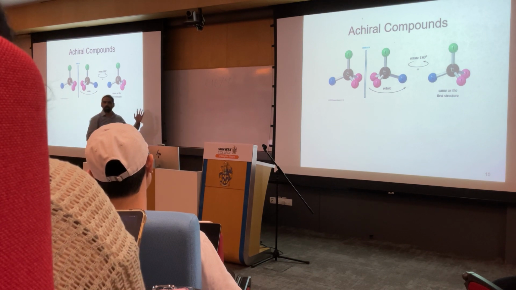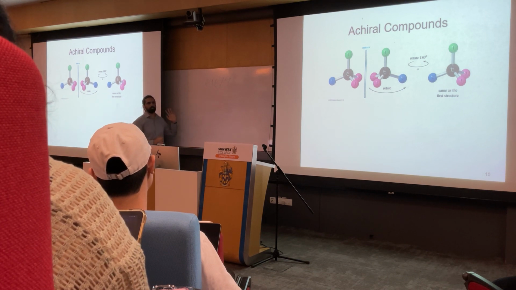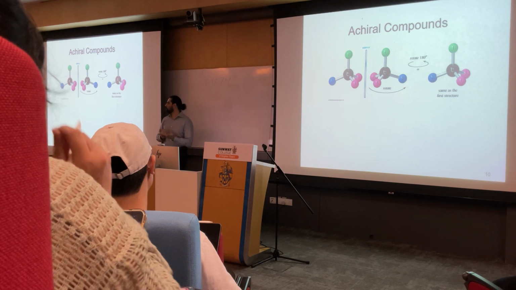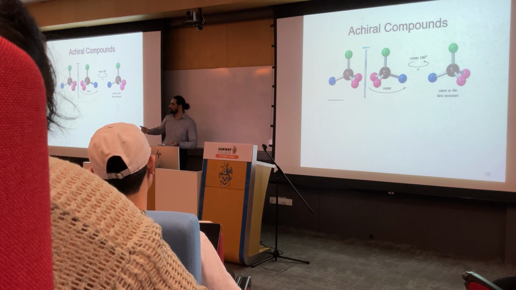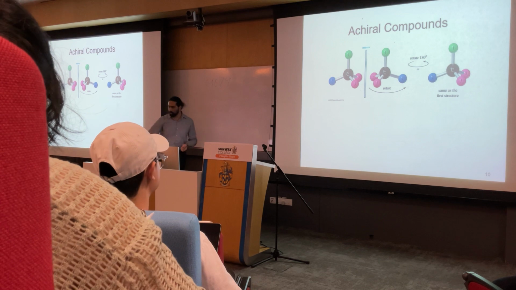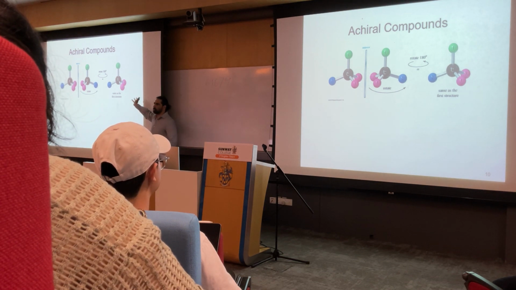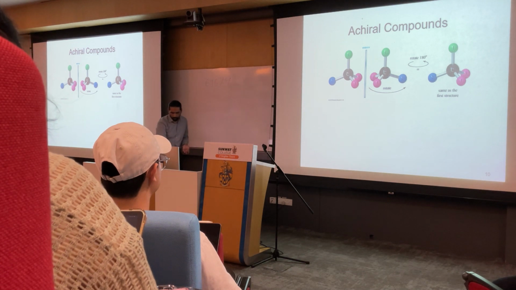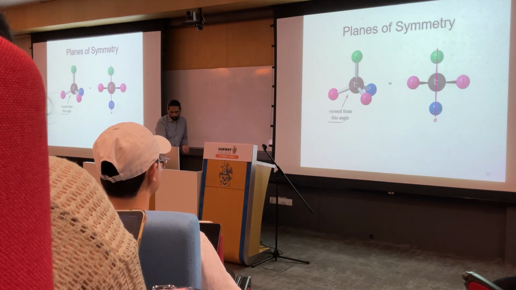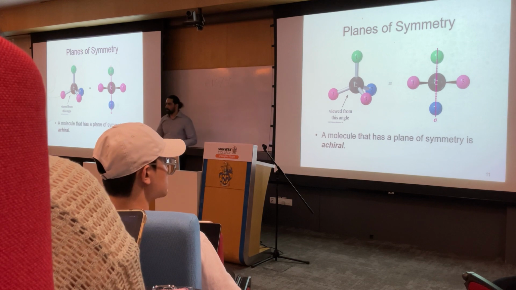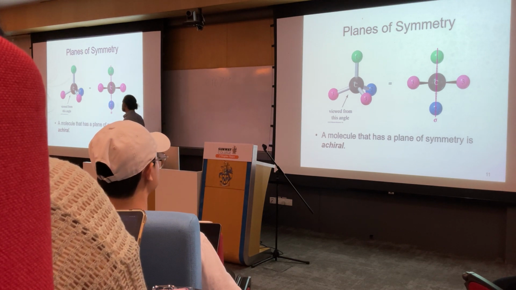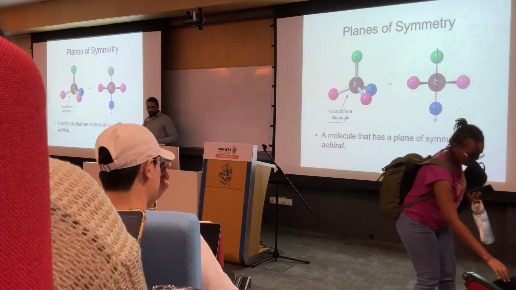That's why we lose chirality if even 2 groups are the same on any given carbon. Correct? In this case, we can rotate the molecule and get the original molecule by simple rotation. And this is because now the molecule has a plane of symmetry at this angle, right?